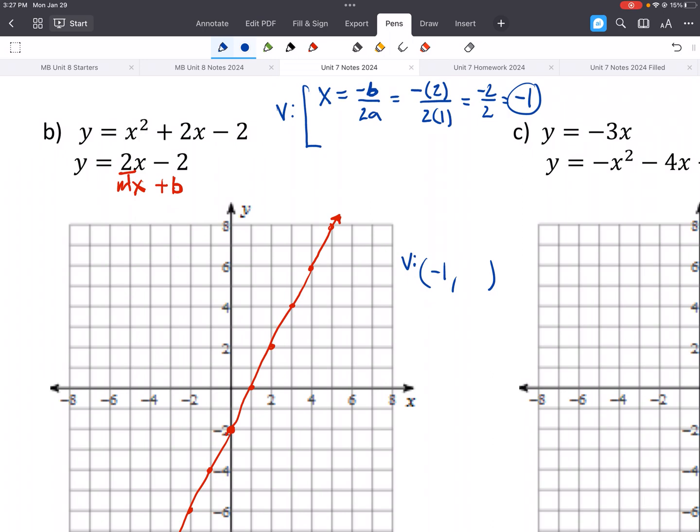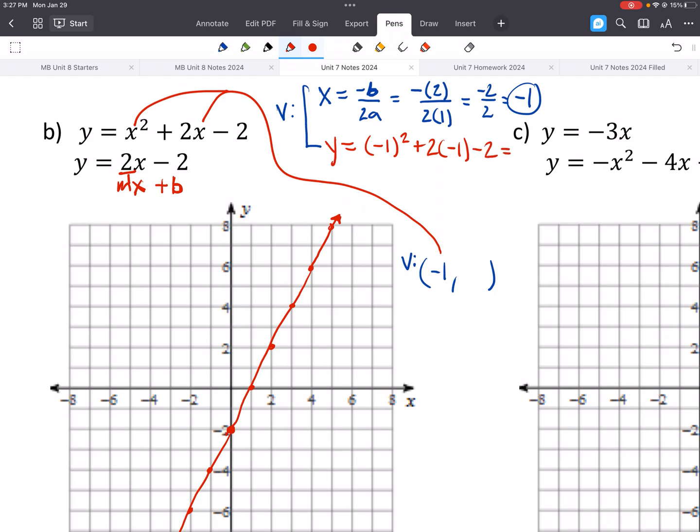So again, if we have an x and we need to find a y, then we can plug this x value into our equation. So we'll get y equals, use parentheses always when we substitute, so (-1) squared plus 2 times -1 minus 2.